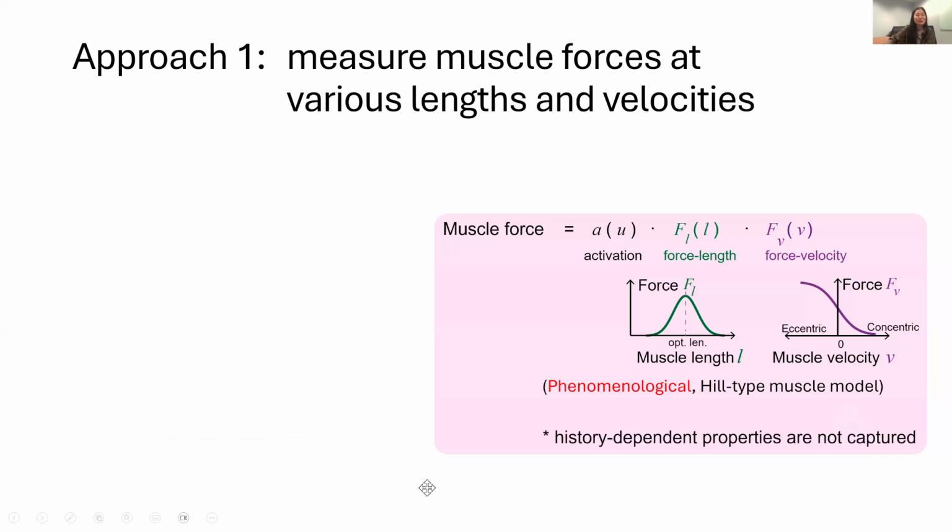But the problem of using such a model is that it doesn't capture any history-dependent properties, because you can see here, the muscle force is simply a function of activation and its current length and current velocity, and there is no way to capture the history. History meaning how much activation the muscle had before coming to the current state, or what the length or velocity was before coming to this current state.